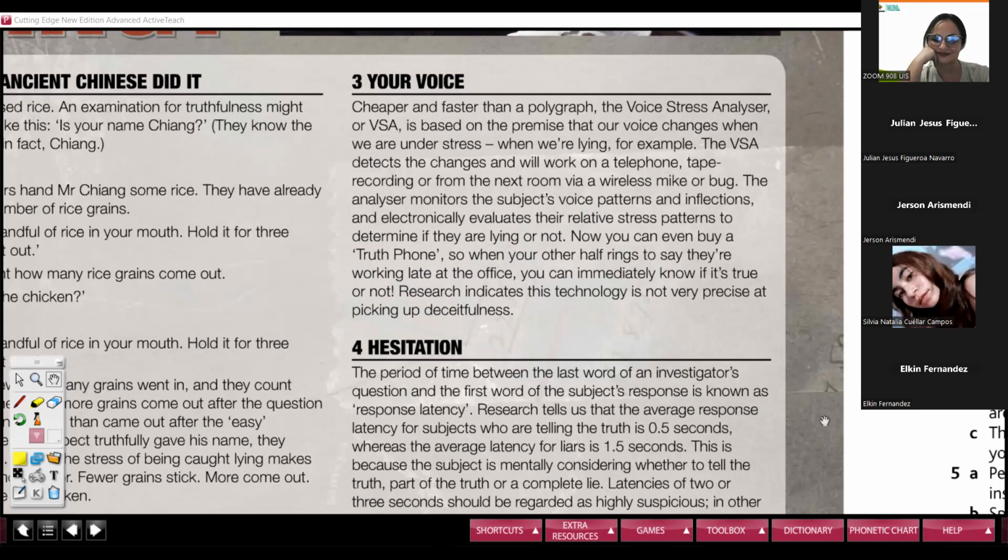And another thing, when someone is giving you many details, like, I was in the car with two friends and we went to McDonald's and we ate three hamburgers each one, yeah, it's weird. It is weird.